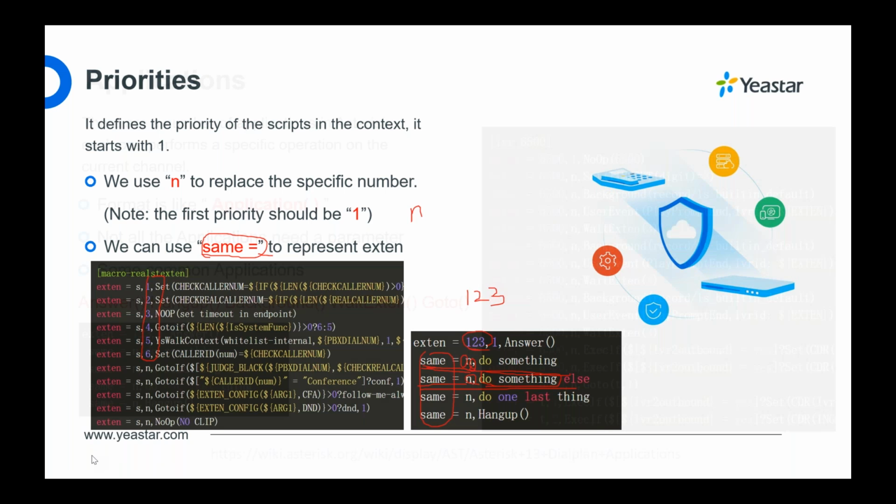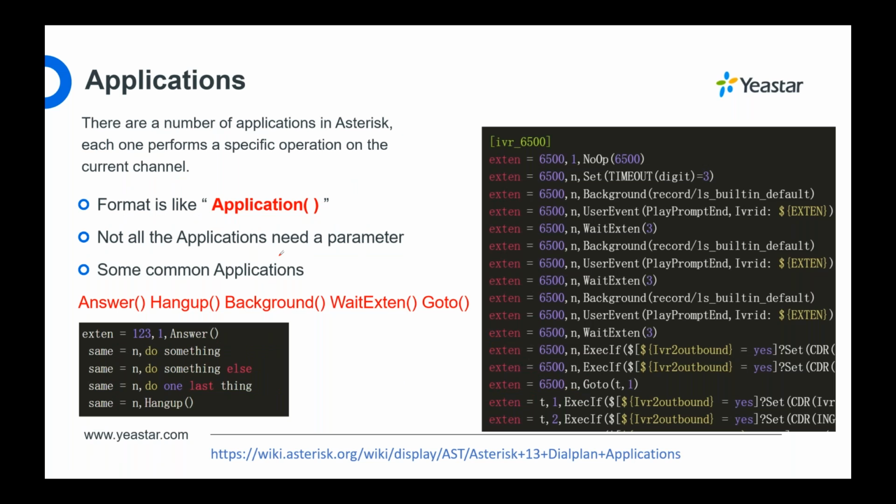And the last part is about the applications. There are lots of applications in Asterisk. Each one performs a specific operation on the current channel. So the format is an application name with brackets.